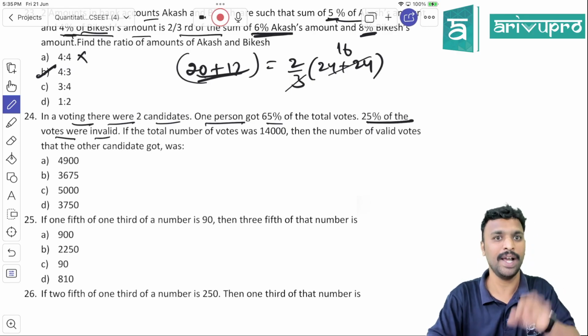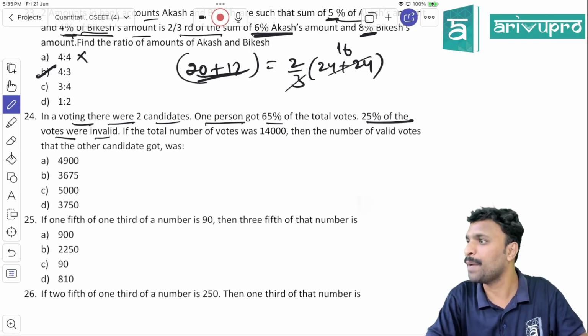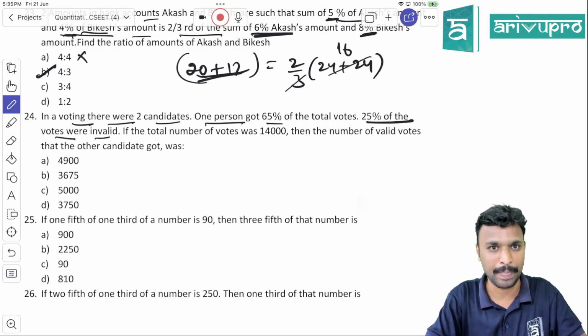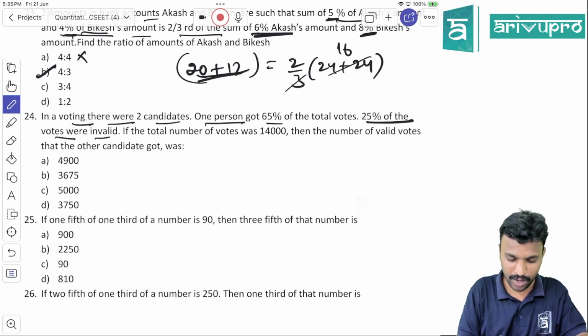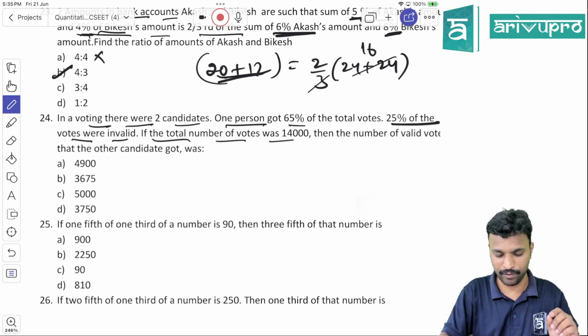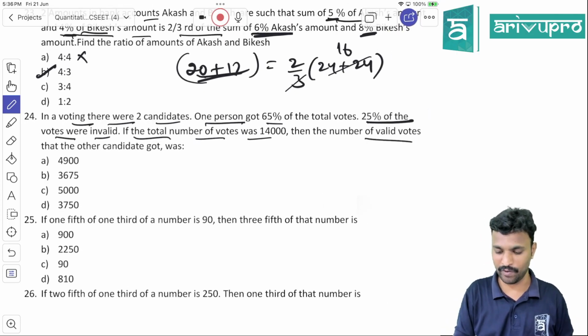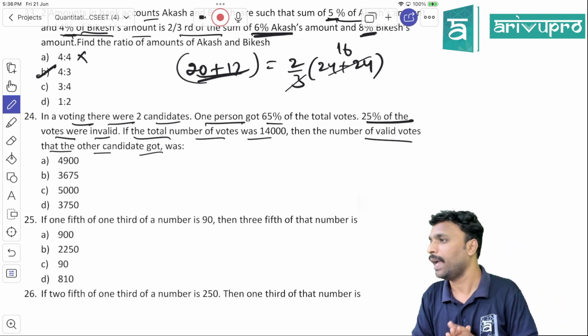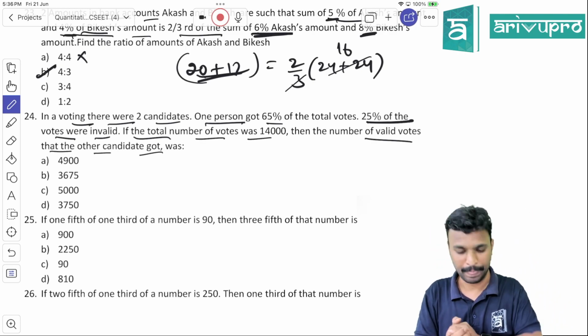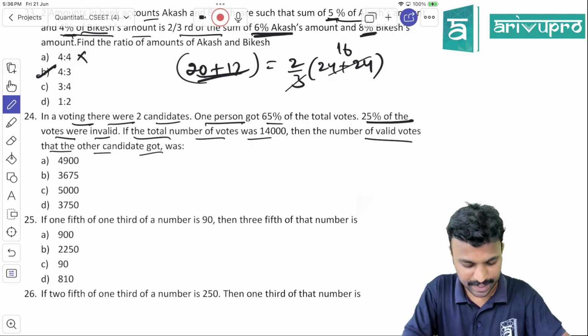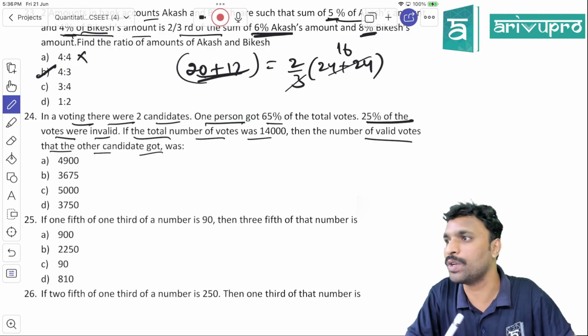Of the total votes, 75% are valid, and 25% invalid. If the total number of votes is 14,000, then find the number of valid votes that the other candidate got. Now tell me, one person got 65% of the votes.